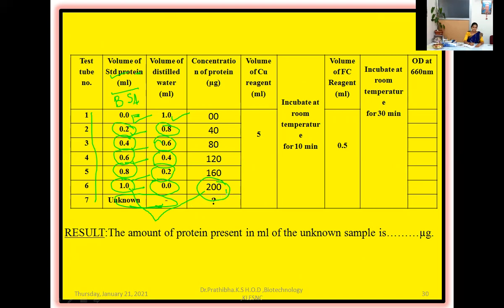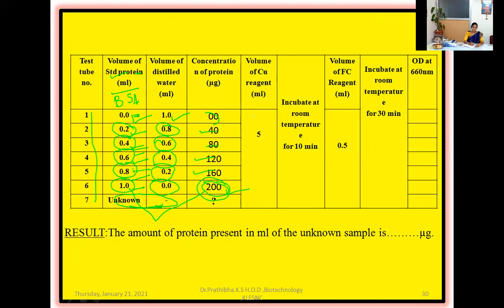When we prepared the standard protein, the concentration we actually took was 200 microgram per ml. 1 ml contains 200 microgram, 0.8 ml contains 160 microgram, 0.6 ml contains 120 microgram, 0.4 ml contains 80 microgram, 0.2 ml contains 40 microgram, and the blank has 0 microgram.